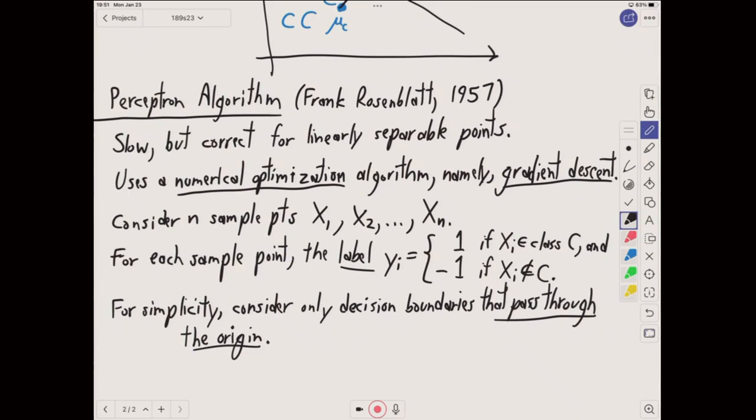I want to be clear that the fact that it passes through the origin means alpha is 0, okay?